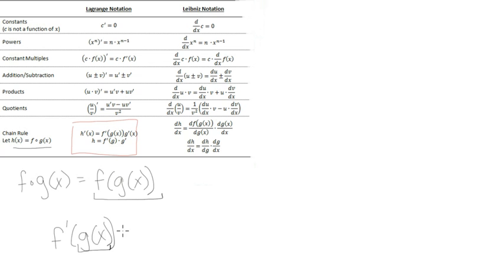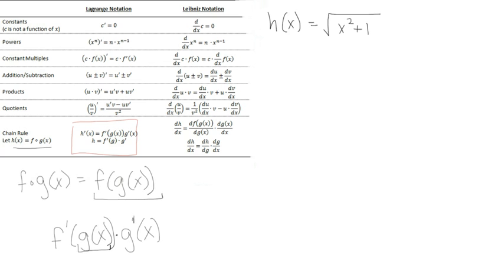And then we take the derivative of that function and multiply it together. This is something that I think is a lot clearer in practice. So let's go ahead and do a few examples.